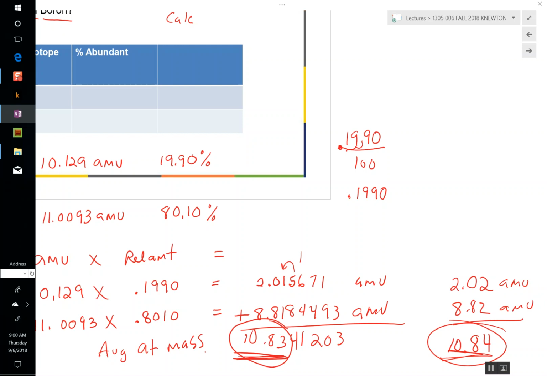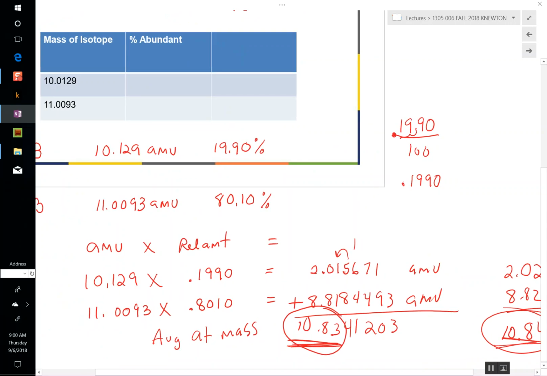In other words, you can see that this number is closer to that number than it is to that number. Why? There are more of these. Okay? It is skewing the average atomic mass towards the more abundant isotope. Okay?